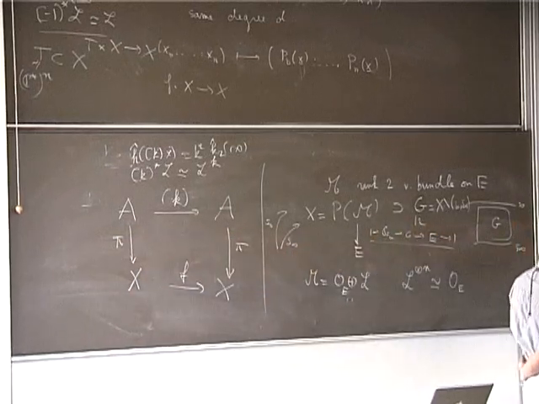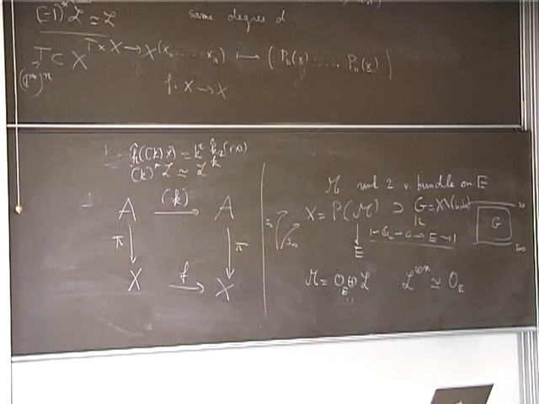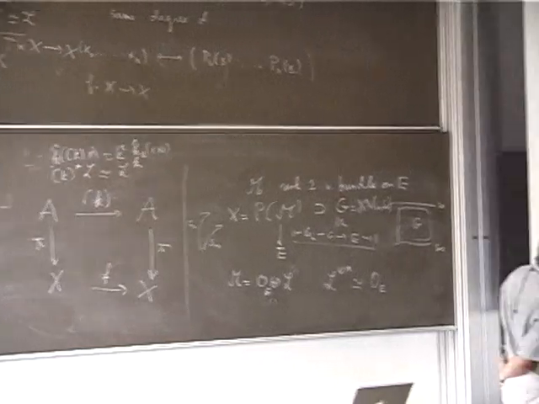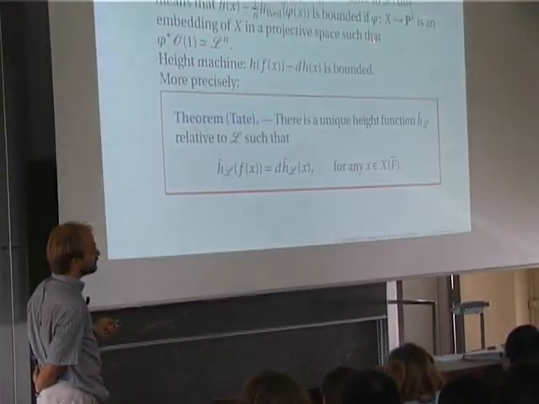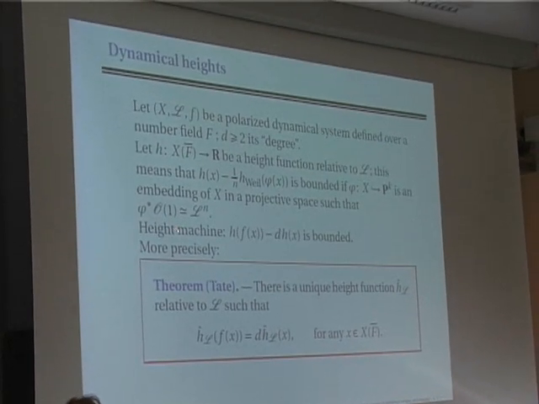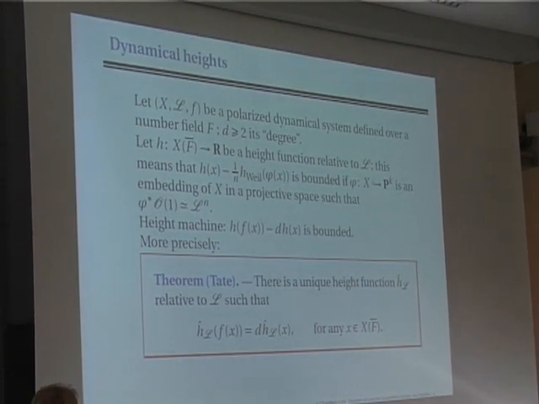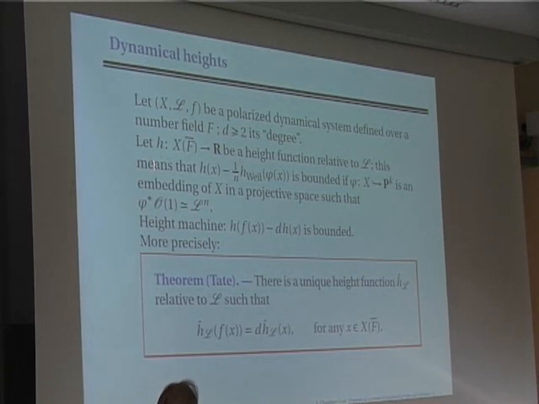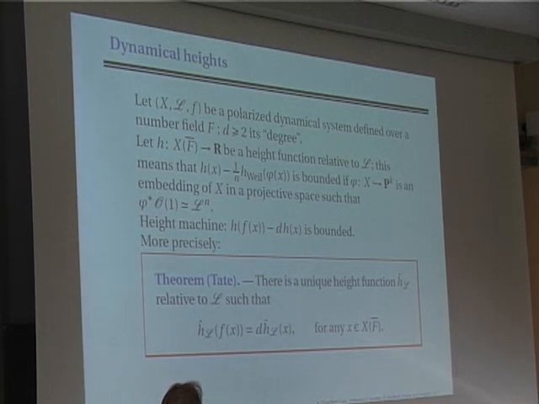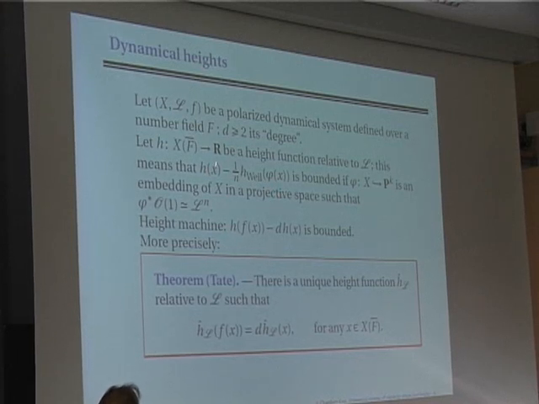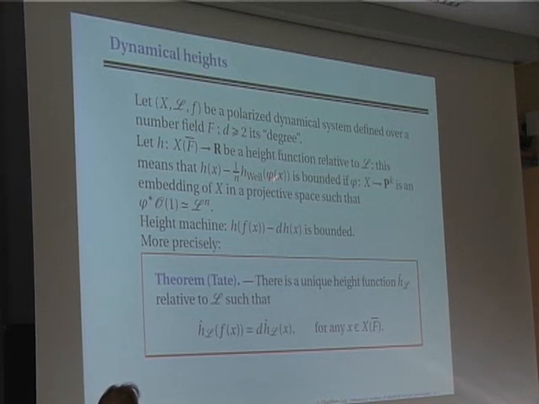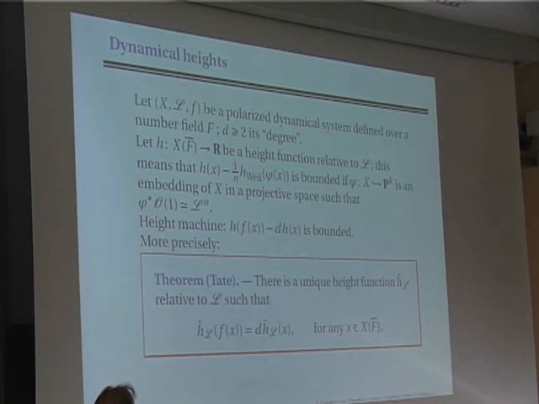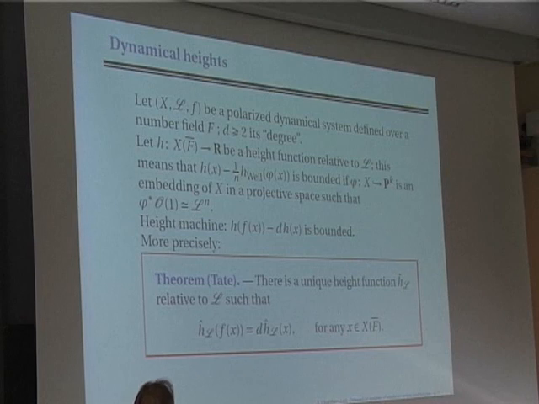I first consider any height function relative to the fixed line model L. Remember that this means that if phi is an embedding of X in a projective space such that phi upper star of O(1) is L to the power n, where L to the power n is the hyperplane section of the embedding phi, then h of x is equal to the Weil height of phi of x divided by n, up to a bounded amount.